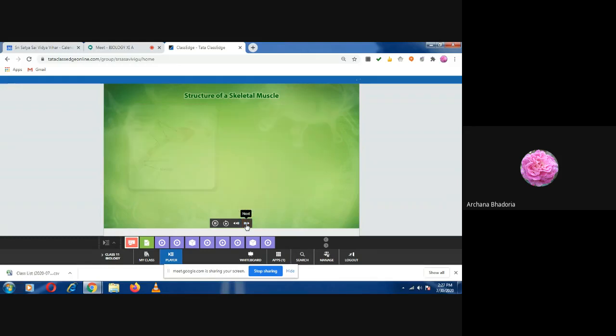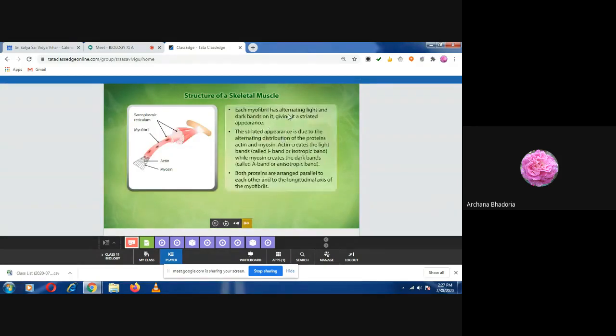So each myofibril has alternating light and dark bands, and that is why you call it striated. Now this light and dark band is due to the presence of the contractile proteins. What are the two different types of proteins present? Actin and myosin. Why do we call it a light band and a dark band?